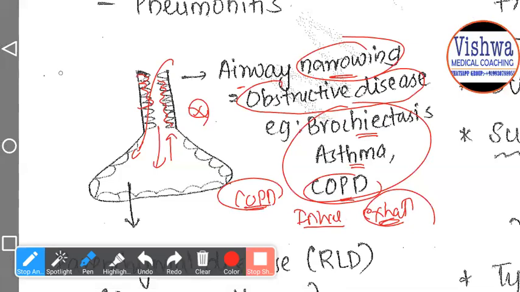Understand what exactly happens in normal physiology. When you are inhaling deeply, what will happen to the bronchi? When you inhale, the bronchi should take the air, right? This is the normal position of the bronchi.